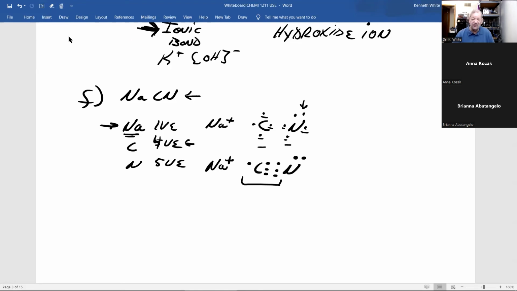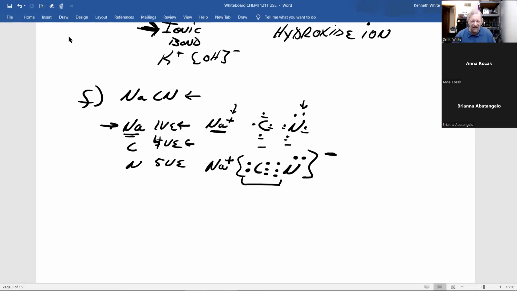Where is that last electron? Well, remember, sodium had 1 valence electron, which it gave up to become a cation. And where did that electron go? To carbon. Now, carbon should have 7, now has 8. So this whole thing has a negative charge.